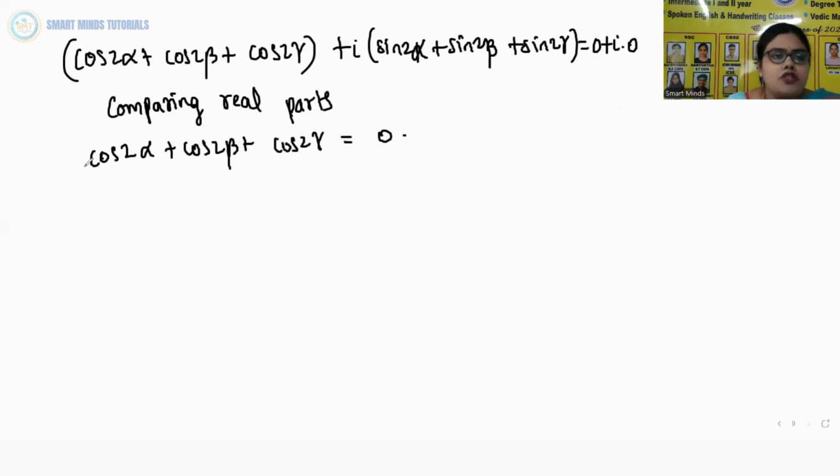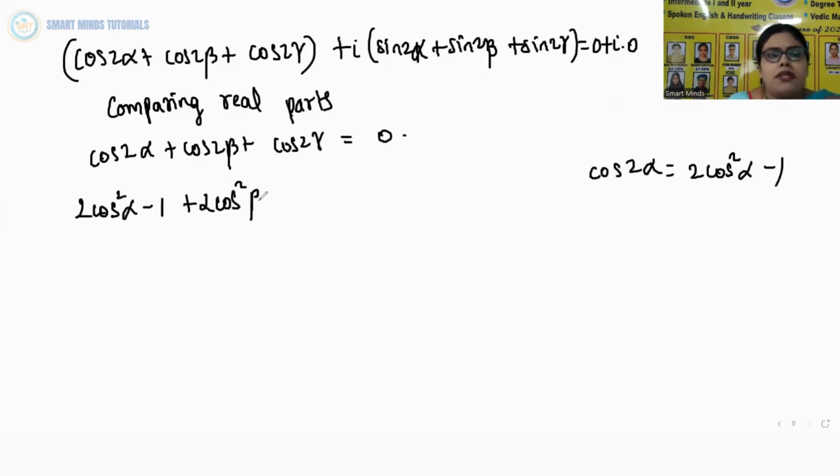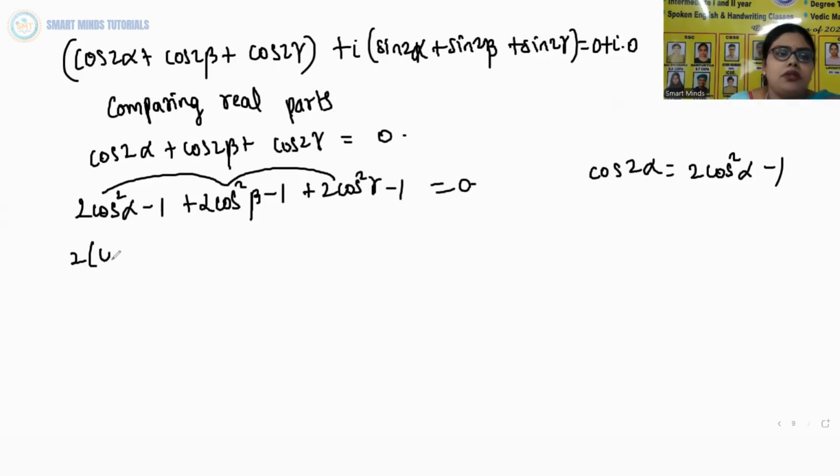We know from trigonometry that the cos 2 alpha formula is 2 cos square alpha minus 1. So the same way, 2 cos square alpha minus 1 plus 2 cos square beta minus 1 plus 2 cos square gamma minus 1. From these three terms, if you take 2 common, then cos square alpha plus cos square beta plus cos square gamma.